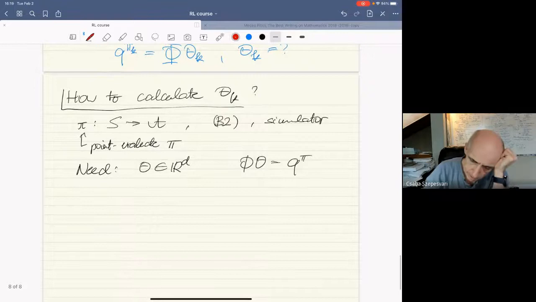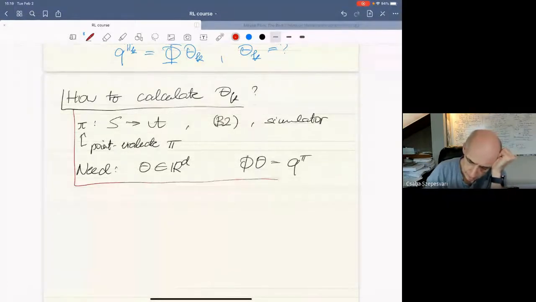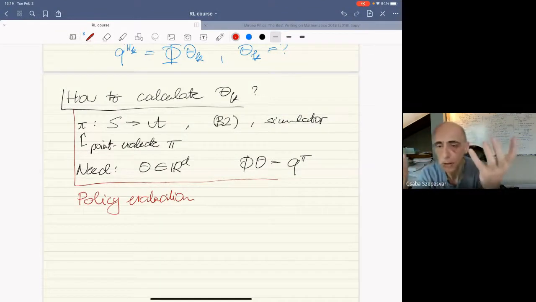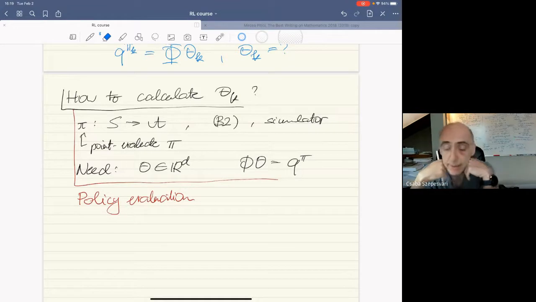This problem is called the policy evaluation problem. You try to calculate the action value function of the policy. How to do this? You guys, I'm pretty sure you know quite a few algorithms that will try to do this.